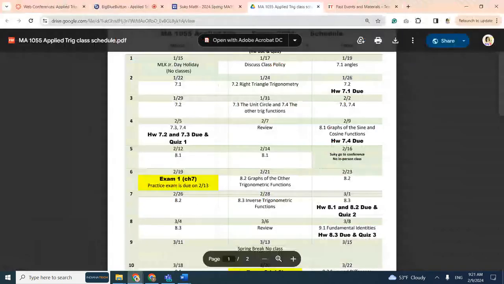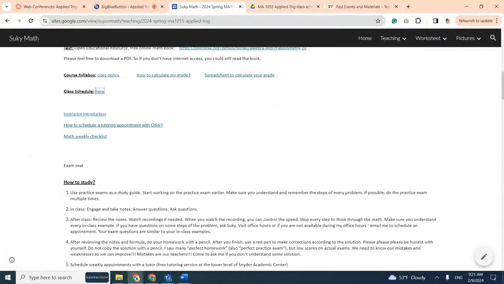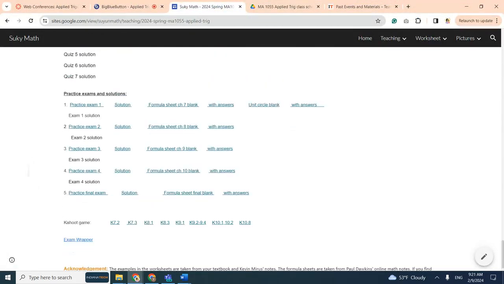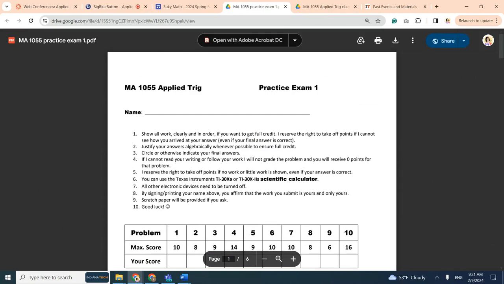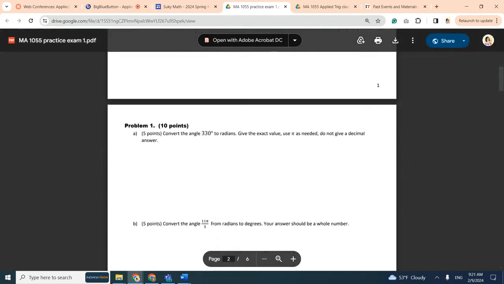So where is the practice exam? On our course website, at the bottom of our course website. This is the practice exam. And this is practice exam 1 and the solution. So what do you need to do? Do the practice exam with pencil, and after you finish, you look at the solution and use a red pen to grade your work.